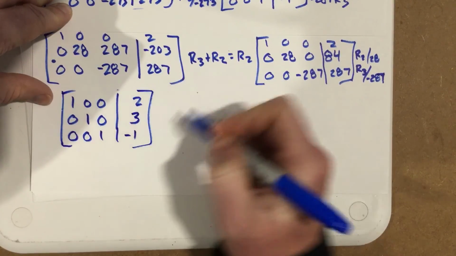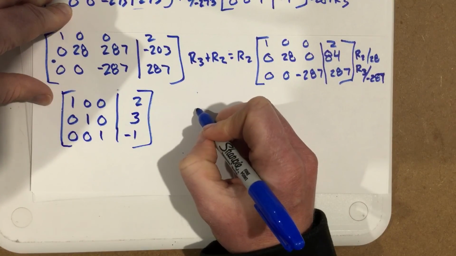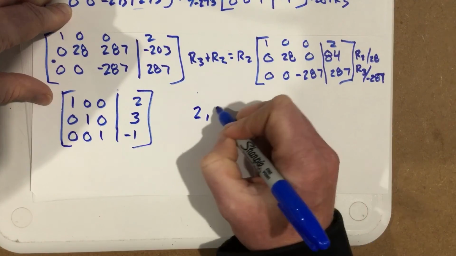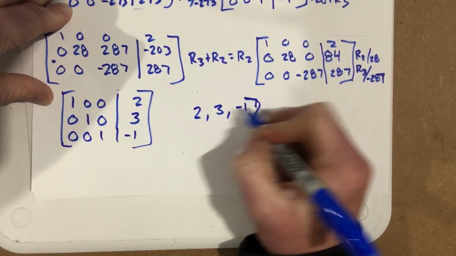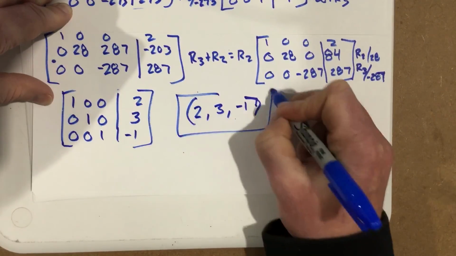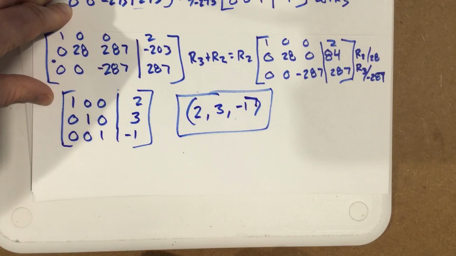So our solutions are x value of 2, y value of 3, z value negative 1. And that's the solution to our matrices.